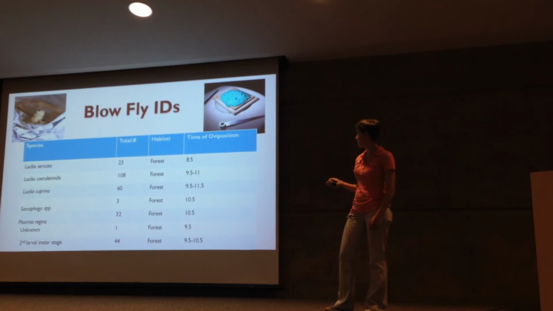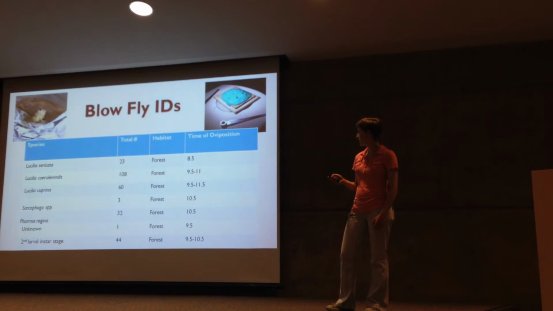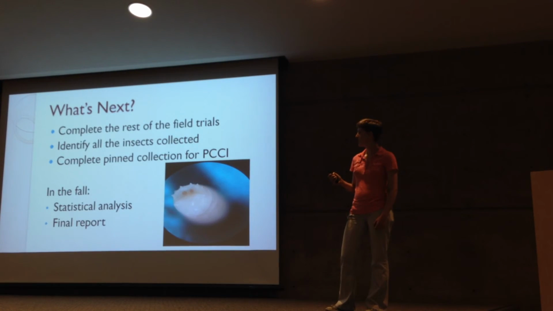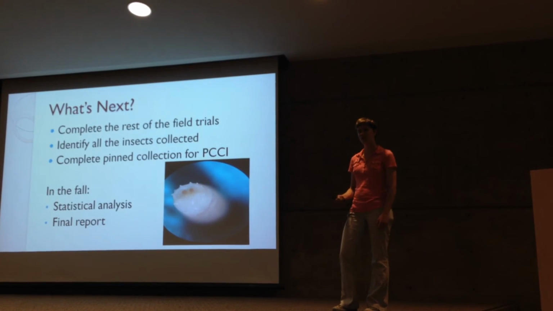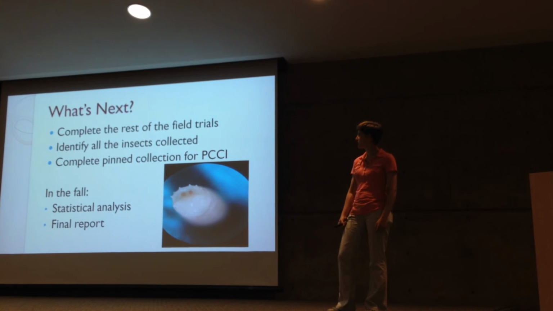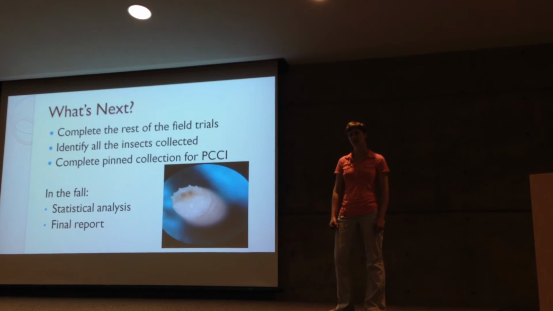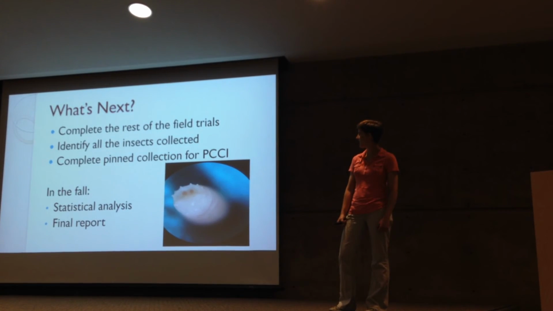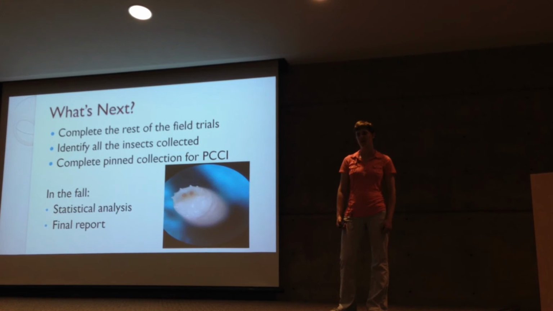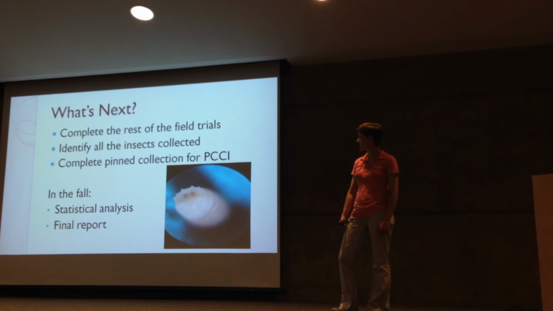So all of these eggs are found in the forest. For the rest of the summer, I'm going to be completing the field trials and IDing the rest of the insects, including the maggots, and then complete the pinned insect collection that I'm doing for PCCI. In the fall, I will be doing statistical analysis as well as the final report.